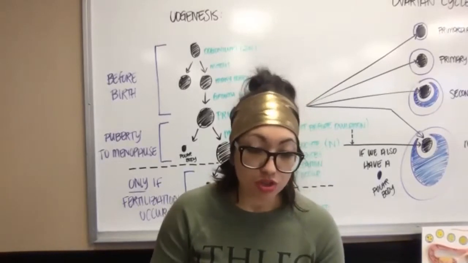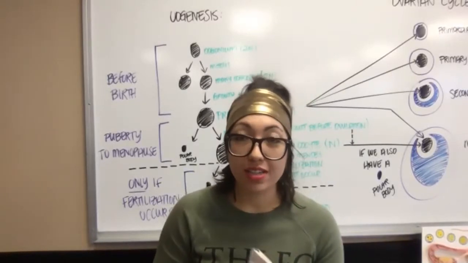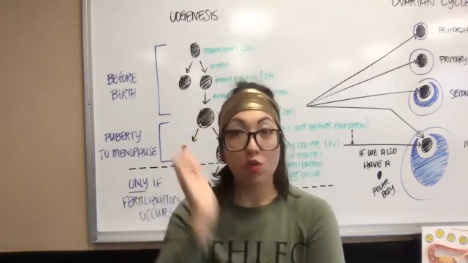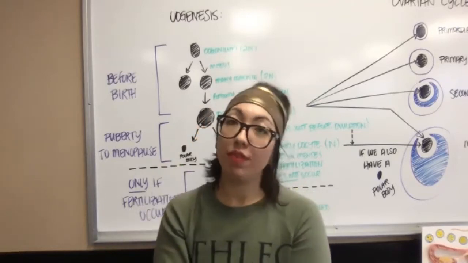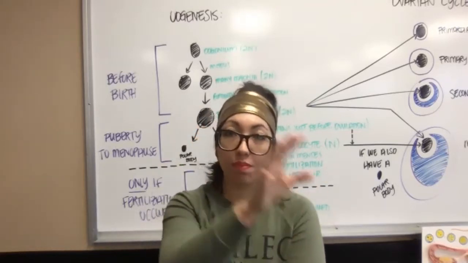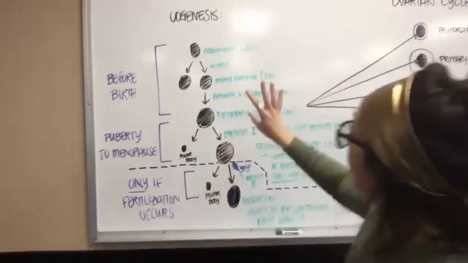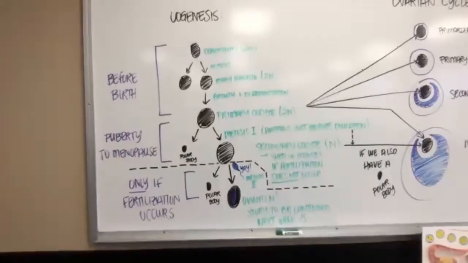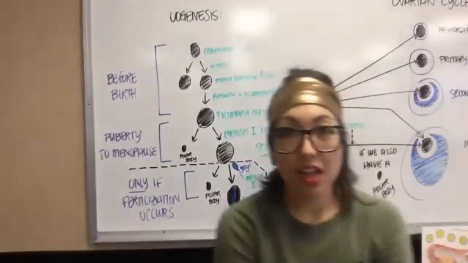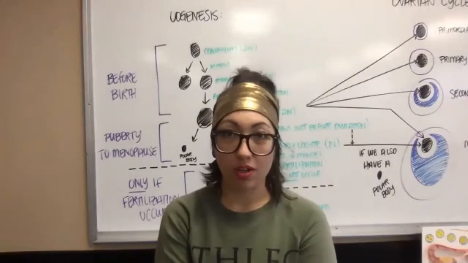And we'll start with oogenesis, and then we'll talk about the ovarian cycle. And then at the very end, I'll go over the basic anatomy of the female reproductive system. I would say this stuff that I have up on the board today is definitely the most complicated part.